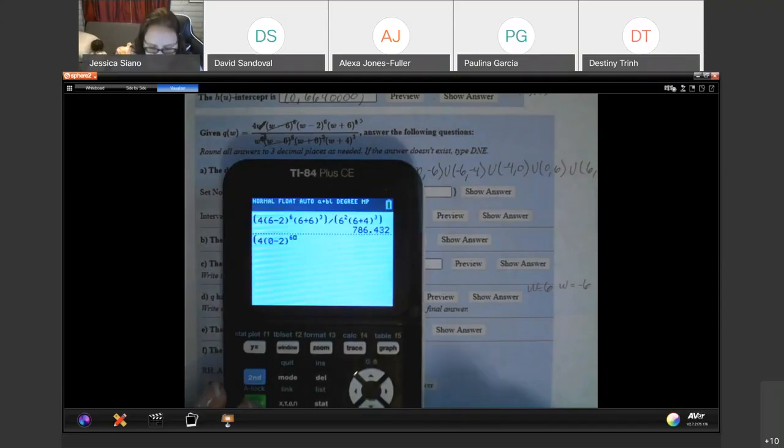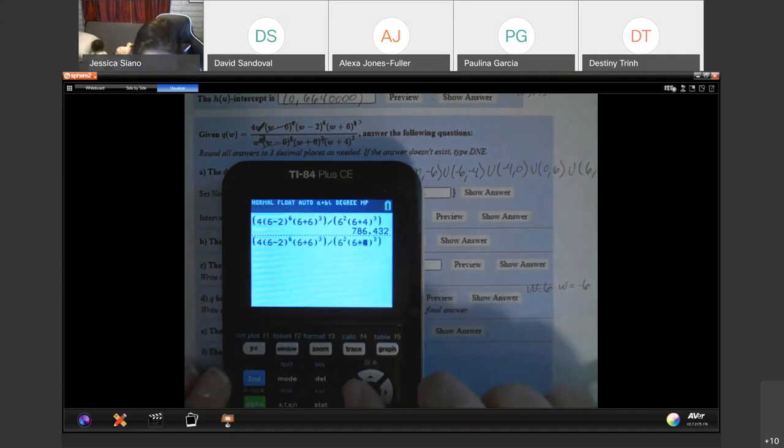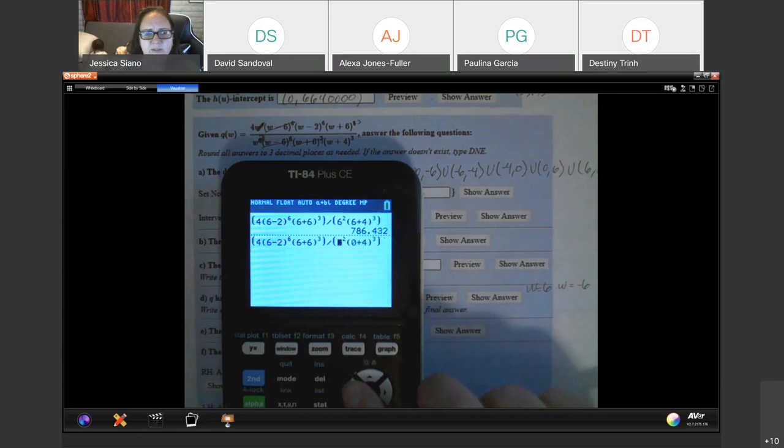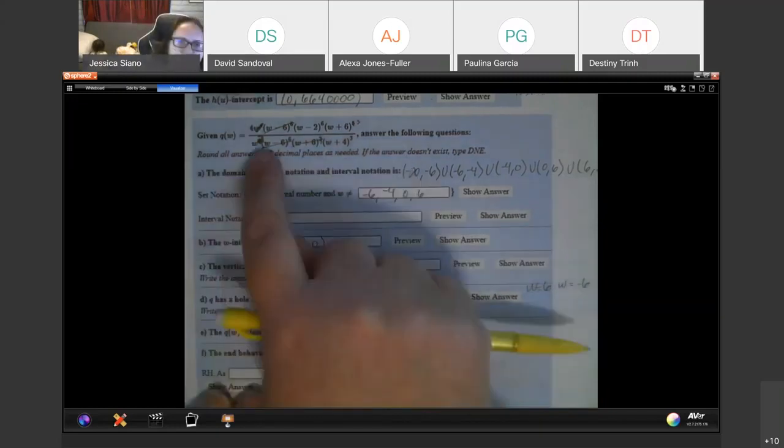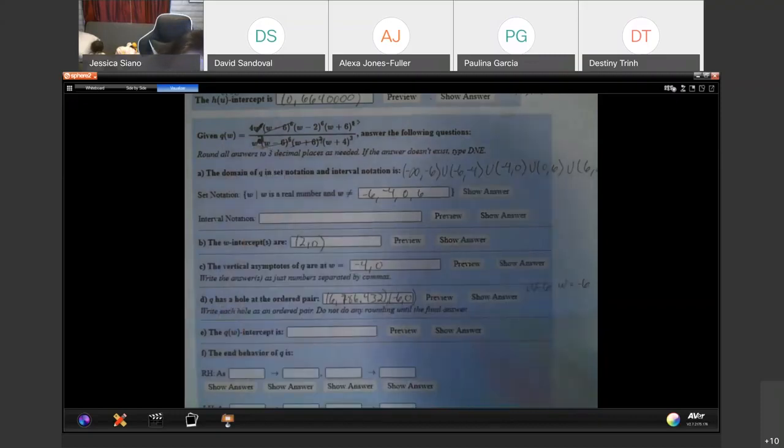I really could have just done second enter. I'm going to make my life easier and change this to a 0. But wait a minute. If I change that to a 0, I would have a 0 in the denominator. That means there isn't one.